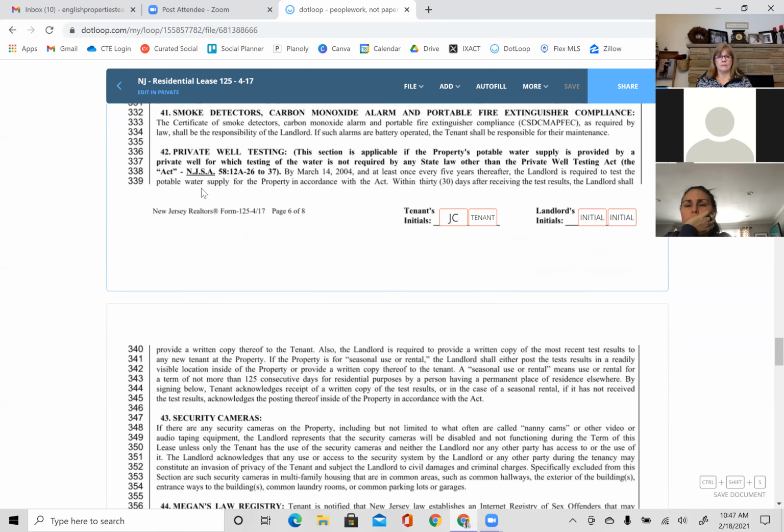Smoke detectors, carbon monoxide alarms, these are going to be part of the CO. Sometimes they do just fire certs, which is where they only check smoke detectors, carbon monoxide alarms, and fire extinguishers. There is a folder in .loop labeled certificate of occupancies. There's one document in there that only talks about the smoke detectors, carbon monoxide alarms, and fire extinguishers.